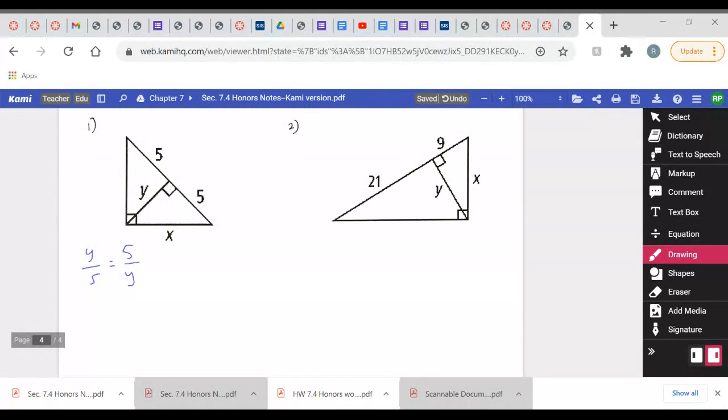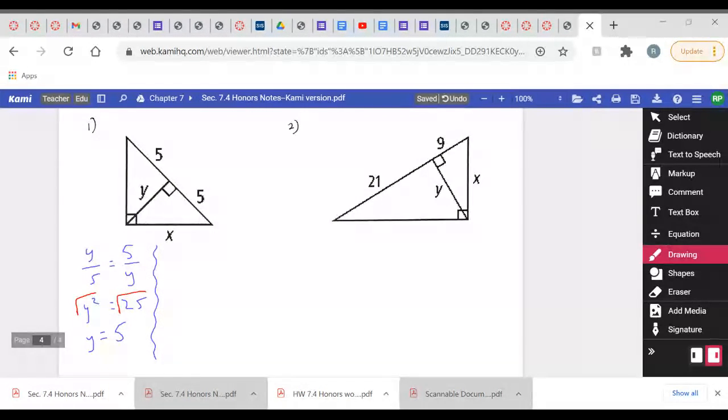Okay, so once we cross multiply, we end up with y squared is equal to 25. And once I take the square root of each side, then I get y is 5. So the nice thing about this one is you don't have to do all that angle stuff at the beginning, but it is an extra formula to remember. So you just have to decide which you like.